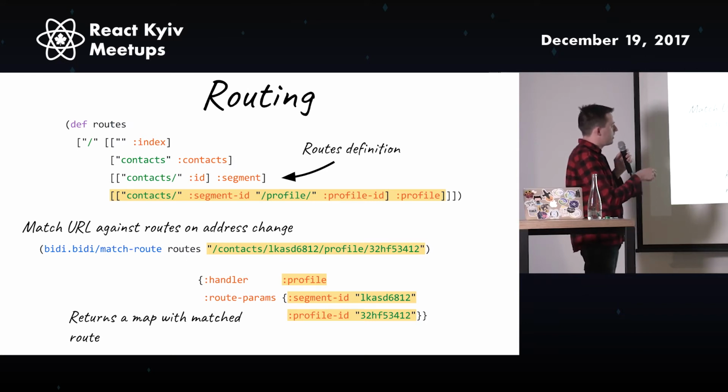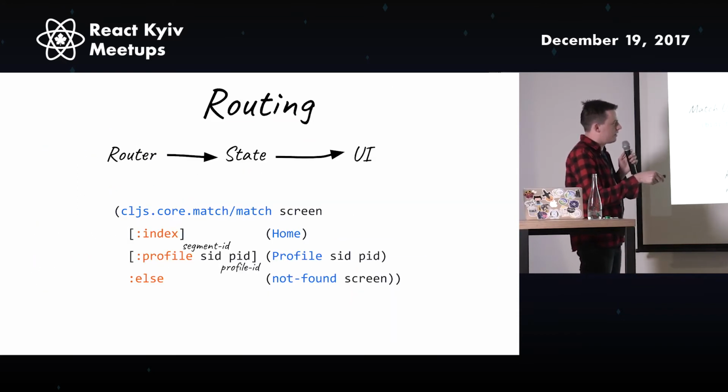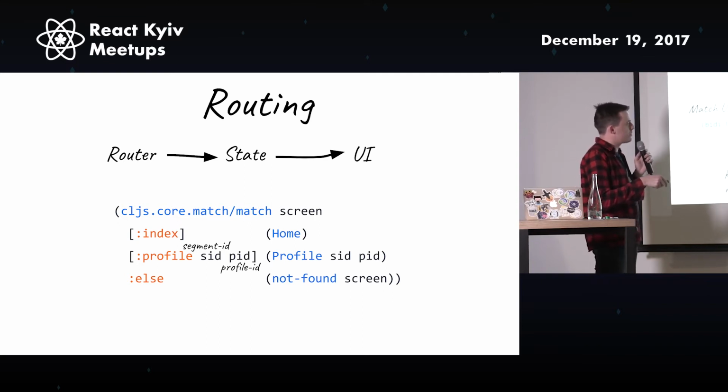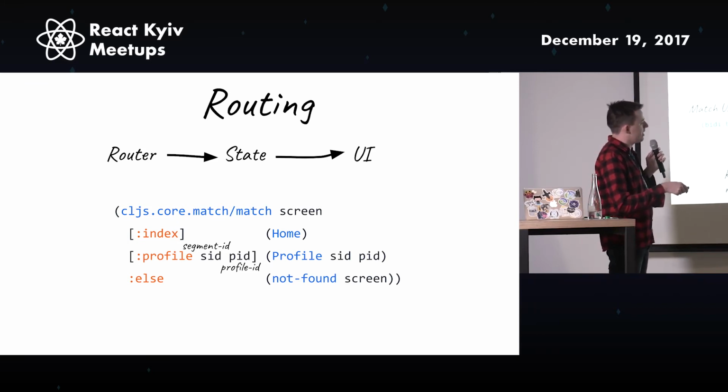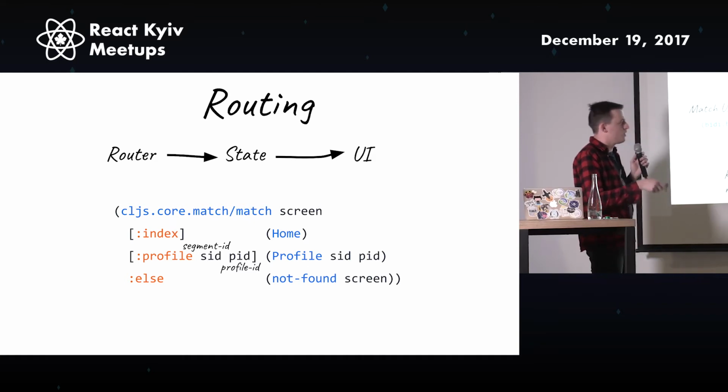And for example, when the URL is changing in the browser, we are using that library to match route definitions against the URL, and then we get a parsed description of the route. So here we can see that it's profile identifier with some parameters like segment ID and profile ID.